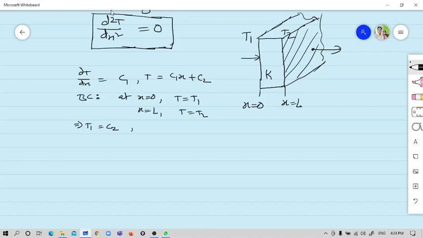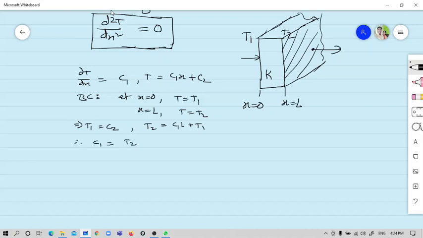Now, using the second boundary condition, I will get it something like this. T2 will be equal to C1 into, in place of x, you will have this L, plus C2, which is nothing but we have already got it as T1. Therefore, this C1 will be equal to how much?